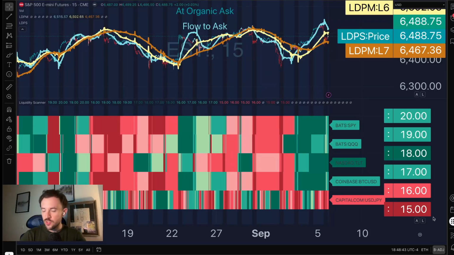In a nutshell, what it's doing is taking all of the liquidity measurements across a set of stocks or symbols that we select, and then displaying them to us in this nice tabular form. There are several benefits to being able to look at liquidity like this, and that's what we're going to look at today.